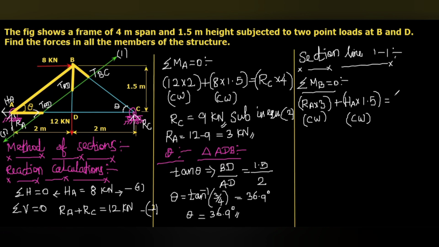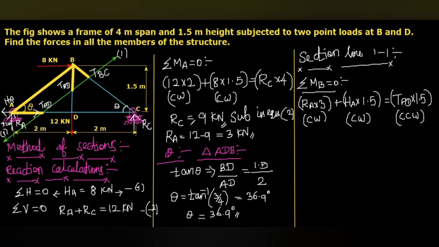So TAD multiplied with 1.5, that is the perpendicular distance. This is counterclockwise moment. So here RA, that value also we know, HA also we know, and the value of TAD. Okay, everything we know. That means RA will be 3 kilonewton.